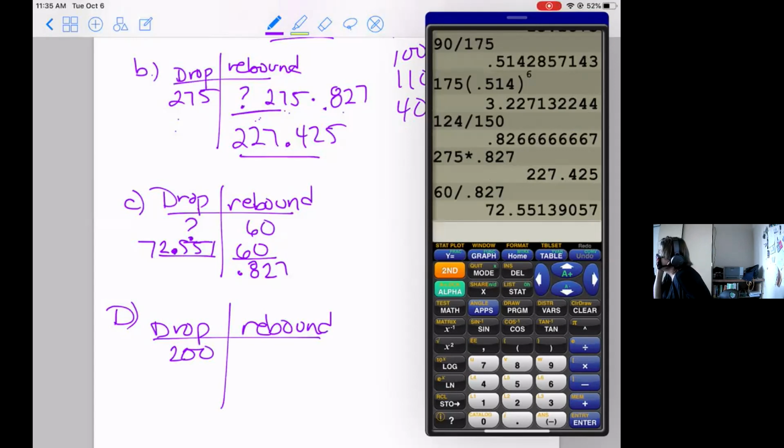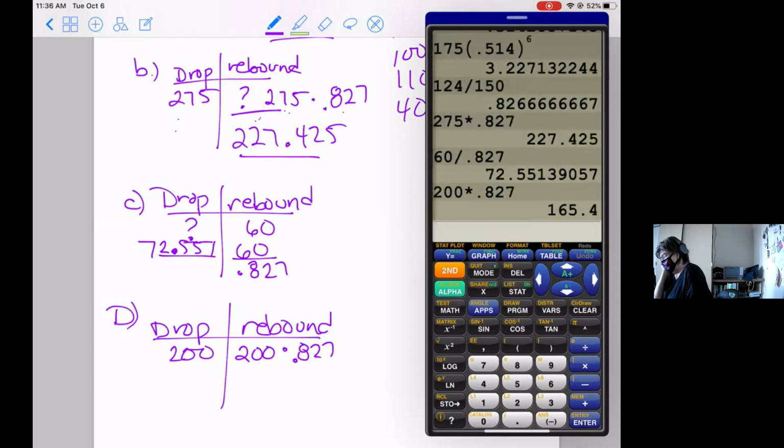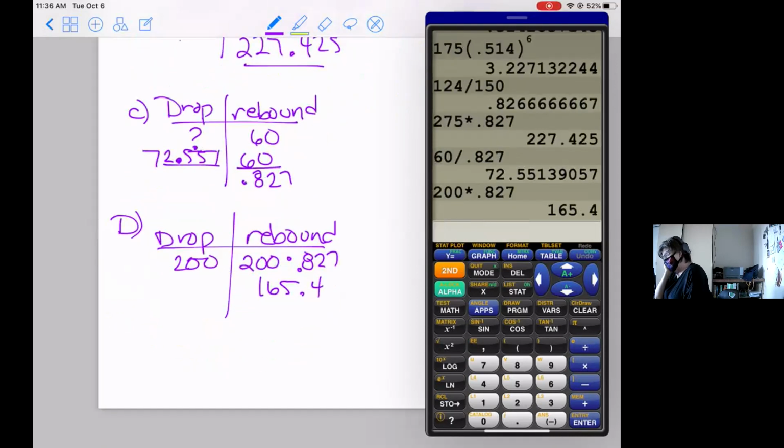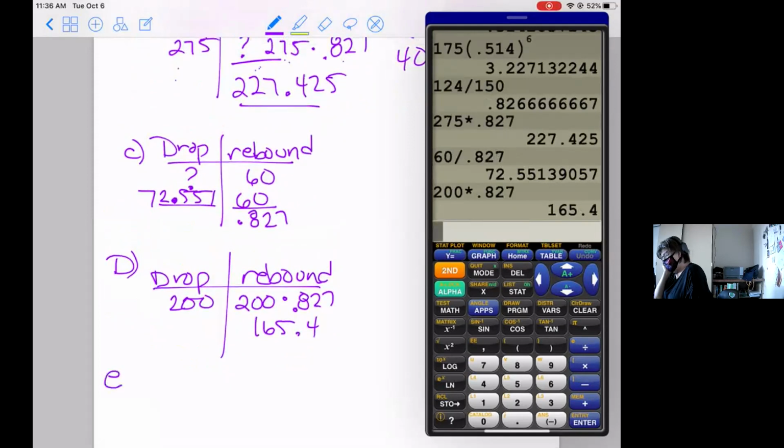Rena, you get it? What are you going to do? Okay. And that's 165.4.